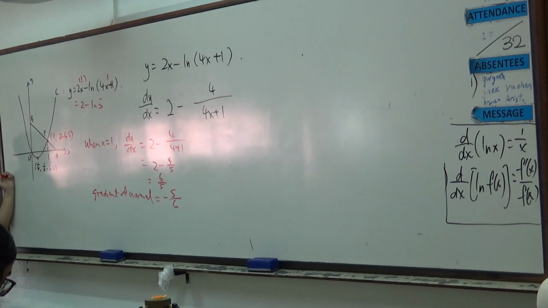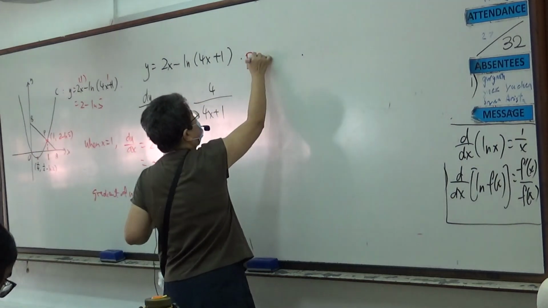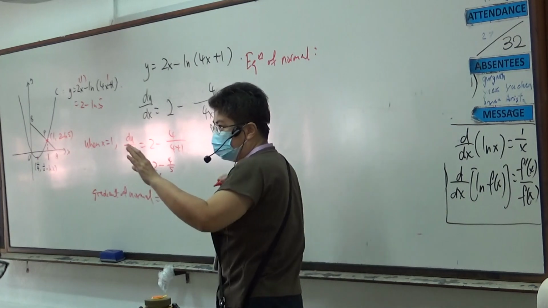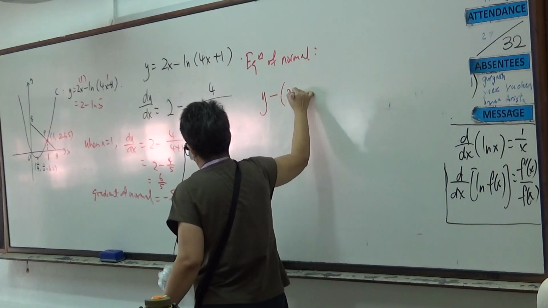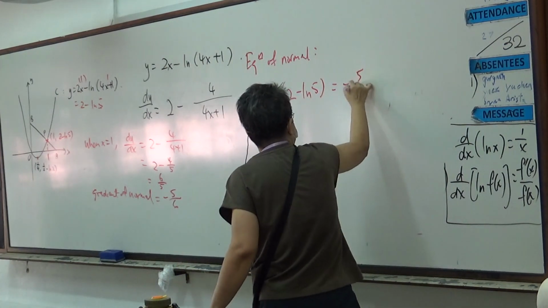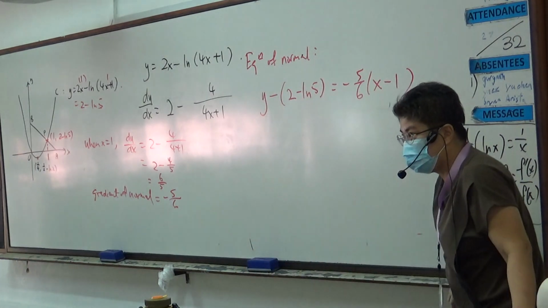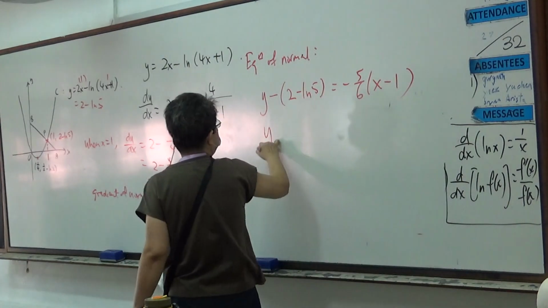Can you see? This is the coordinates of P. Okay, so the equation of the normal. All of you look at this, it is important: y minus the y coordinate equals gradient times x minus the x coordinate.